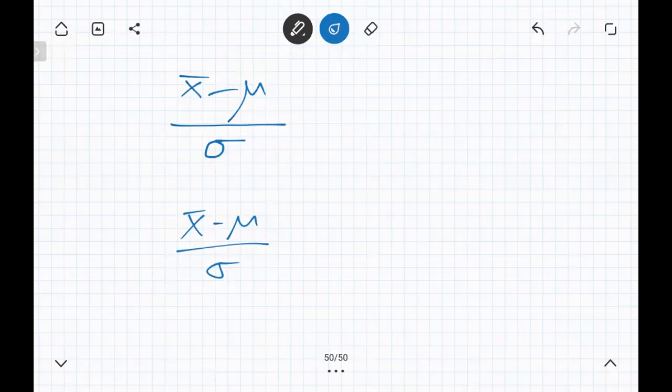So in the first case, where you use the population standard deviation, it's called the D criterion, or D score if you want, and it has a name: Cohen's D criterion.